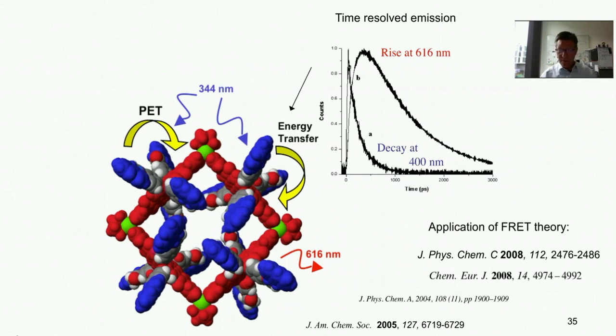In the time resolved emission, the emission of the pyrene decays faster than the pyrene by itself. The emission of the perylene imide has a rise time; the signal grows in. These times are complementary, and you can calculate a similar time scale with the Förster model.